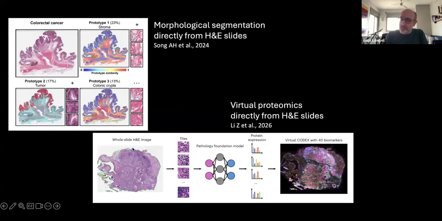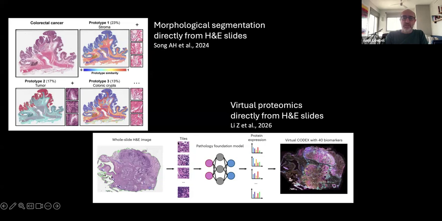You can also use it for the purpose of virtual proteomics directly from the H&E. Proteomics is a very important tool for research, for clinical use and for the development of medicines, but it costs a lot of money.